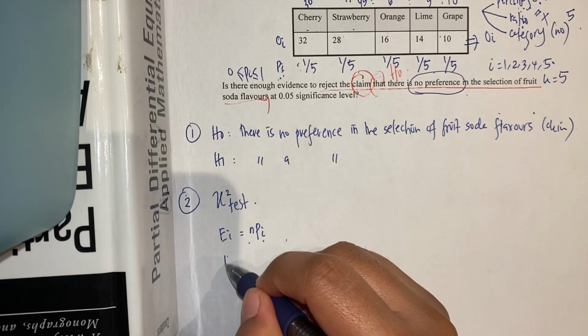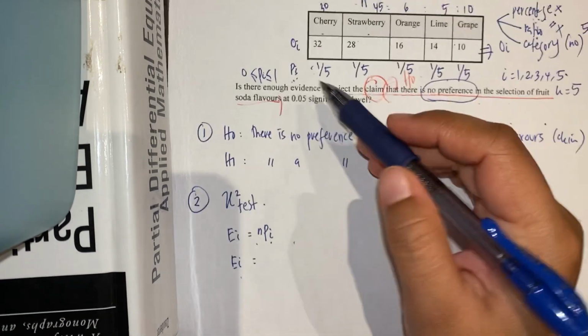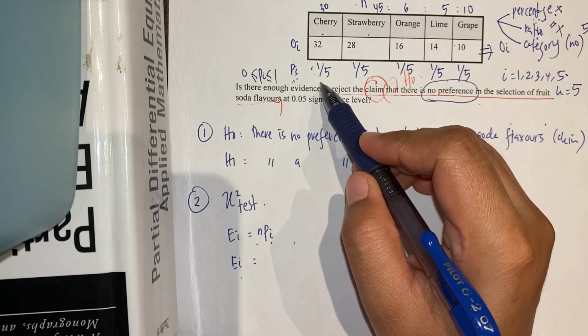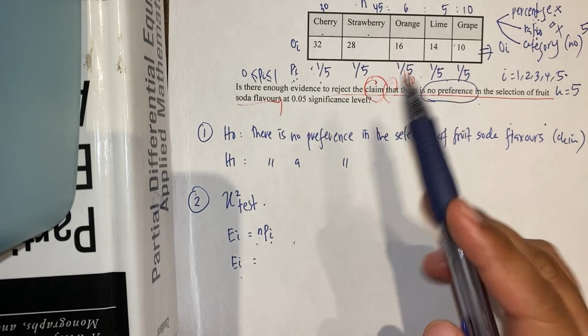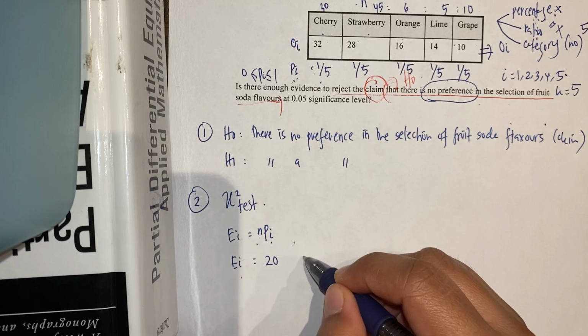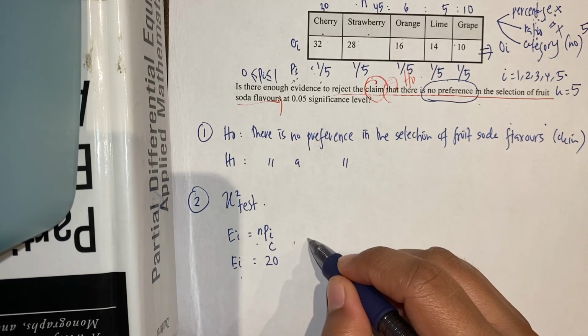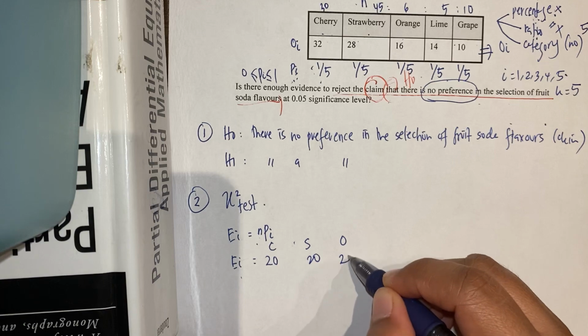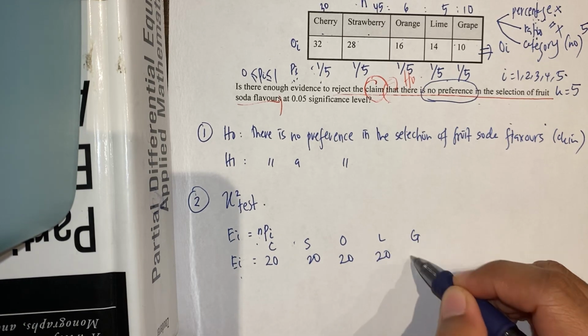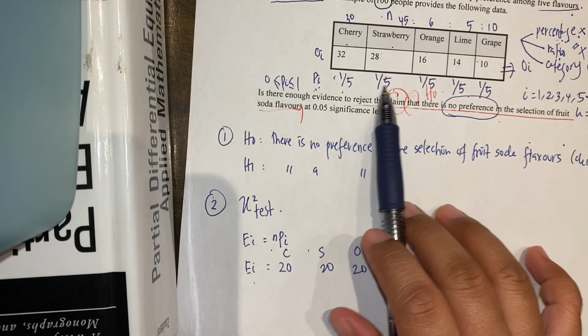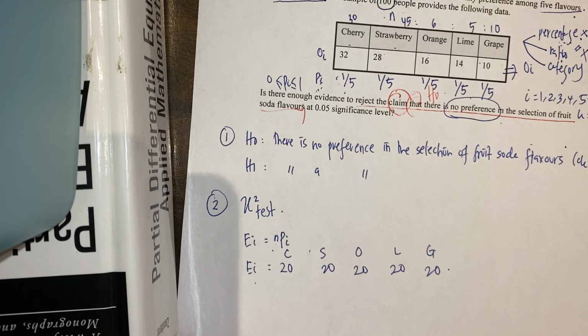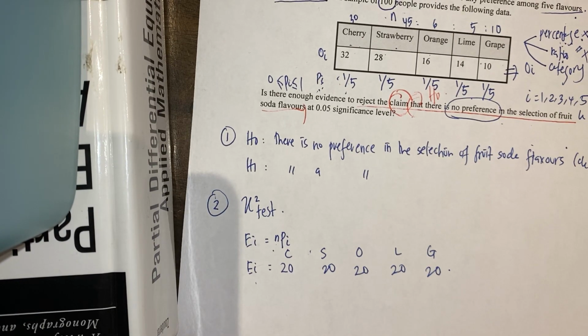The first one, 100 times 1/5, you get 20. Because we have similar probability, all is 20. So cherry, strawberry, orange, lime, and grape are 20. If you have different probability, then you will have different E.